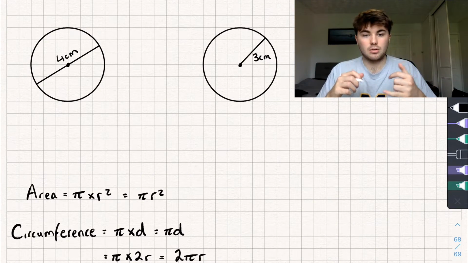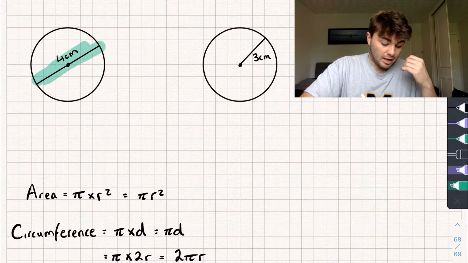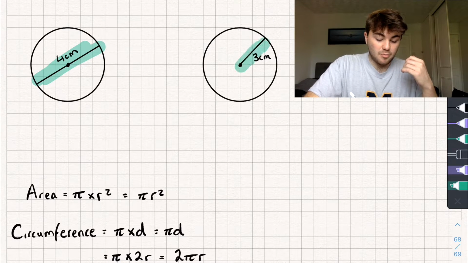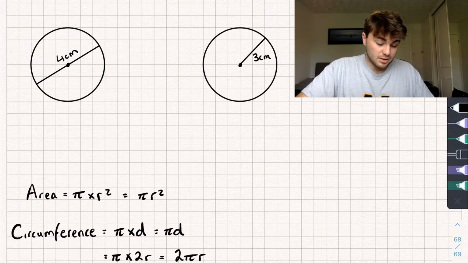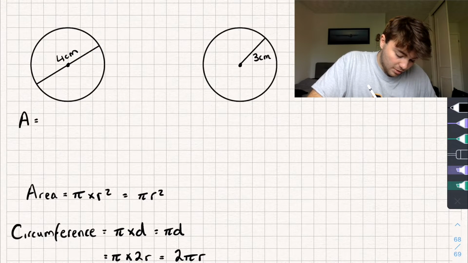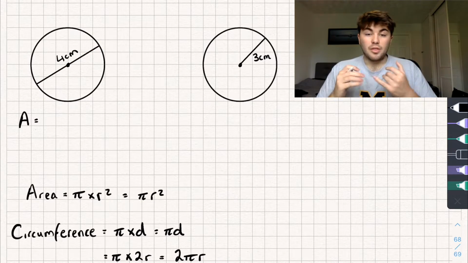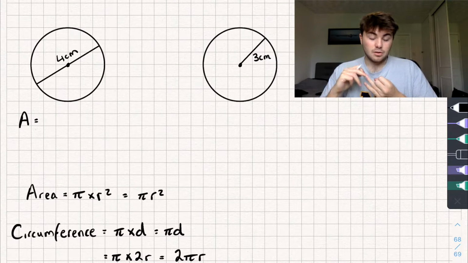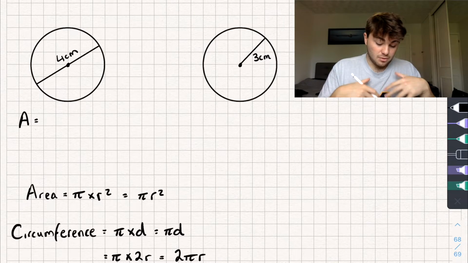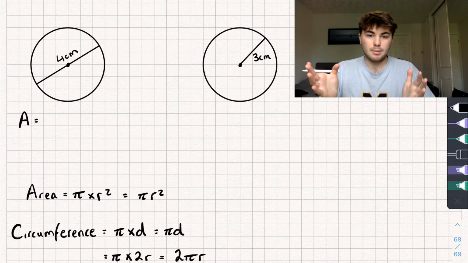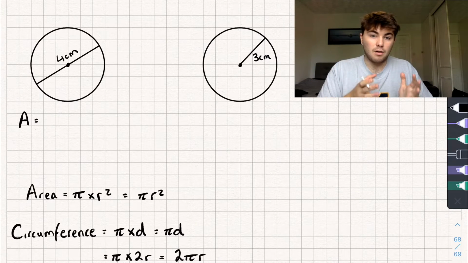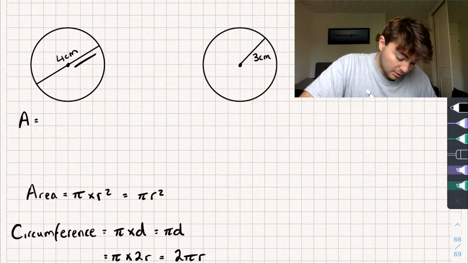Okay, so you can see I've got two circles. In this one here I've been given a diameter of 4 centimeters, and this one here I've been given a radius of 3. So let's find the area of both of them. So let's start with this one on the left. Well, the area is equal to pi times the radius squared, but in this circle here we've been given the diameter. So to find the radius I could half the diameter, so this distance here, the radius, is going to be 2 centimeters.